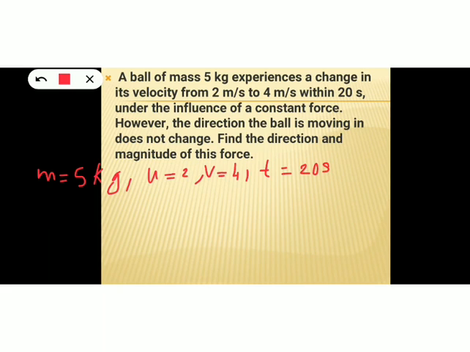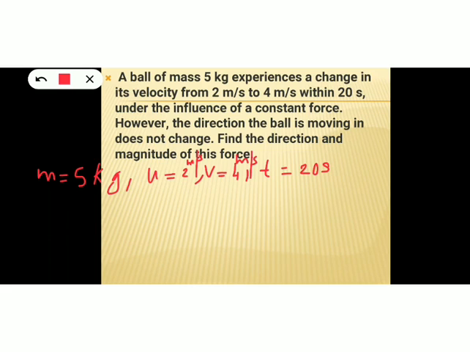Of course, the units will be: initial velocity 2 meters per second, final velocity 4 meters per second. Now, the direction of the ball does not change. If direction does not change, that means it moves along the same direction. Only the magnitude will change. So, find the direction and magnitude of this force. How will you find out the direction and magnitude of this force?